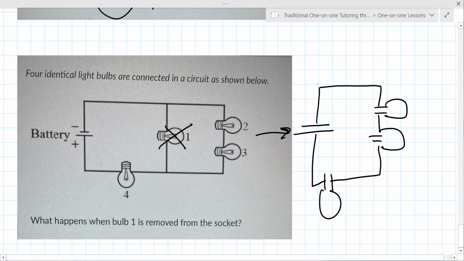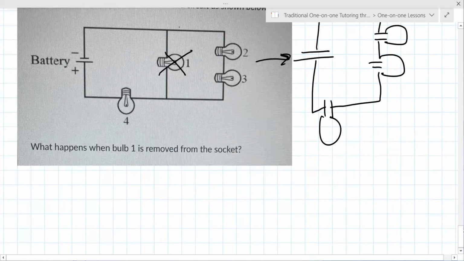So if you're asking me what's the best choice here, it's that when you remove it, because this is in parallel, the fact that this is broken here, there's still going to be current routed out to the right, and it comes back. So they don't go off.